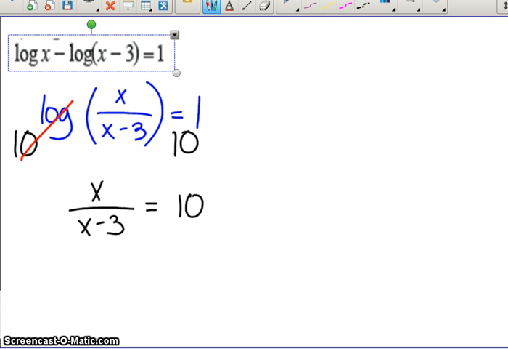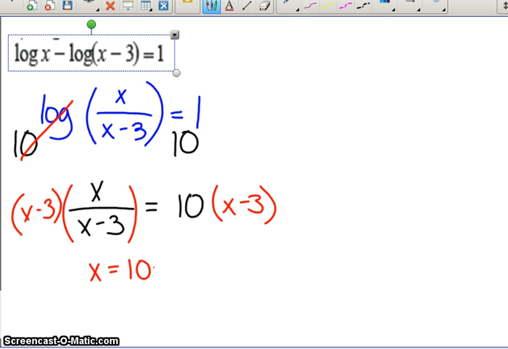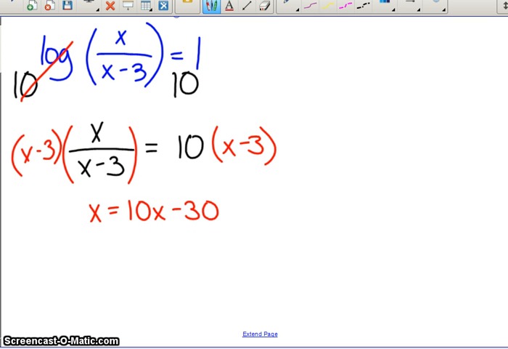Now we need to solve for x. To do that, we're going to multiply both sides by the denominator, which is x minus 3. We're going to get x equals 10x minus 30. We're going to subtract 10x on both sides.